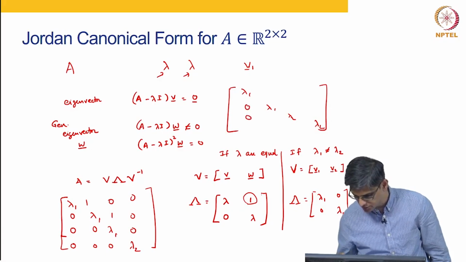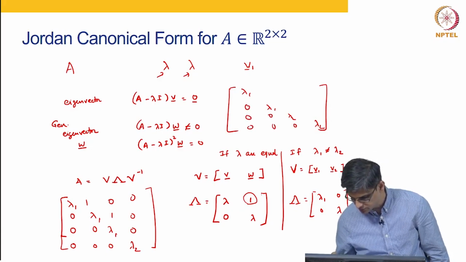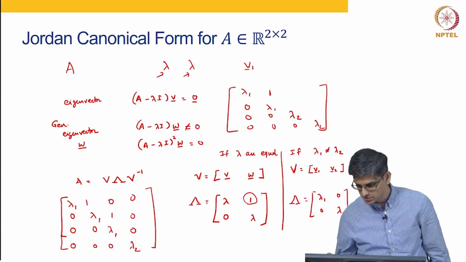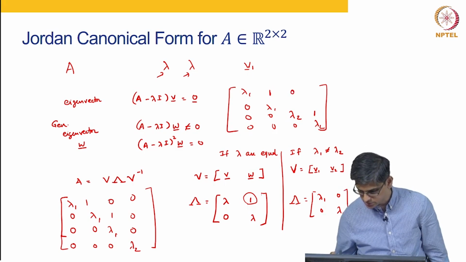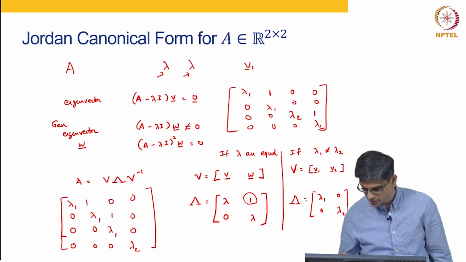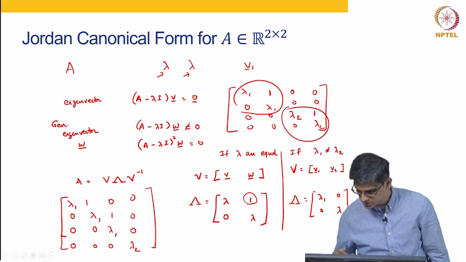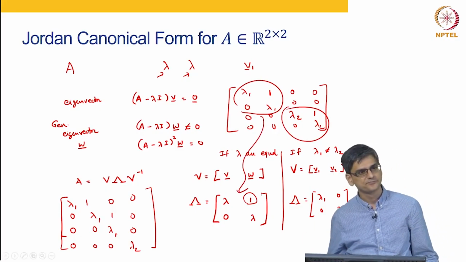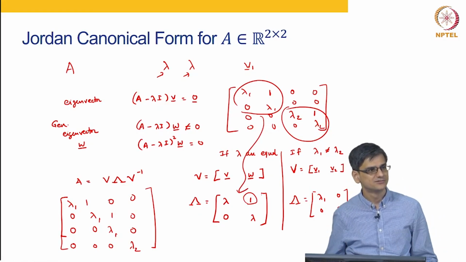There will be 1 over here, there will be 1 over here, and zeros elsewhere. You see this structure, this is the same as the earlier structure. That is the beauty of it.